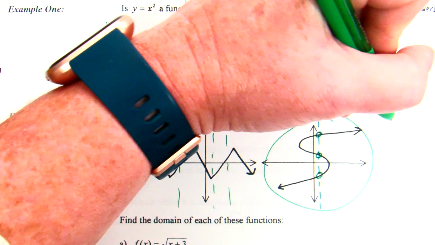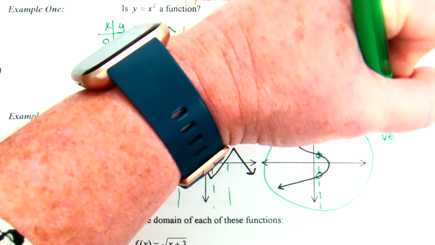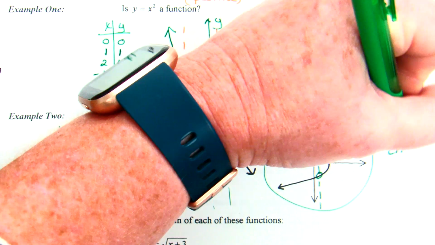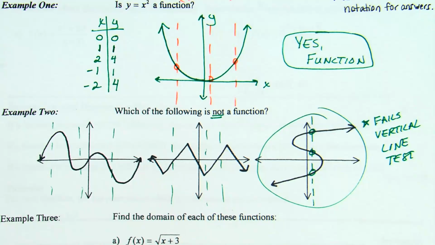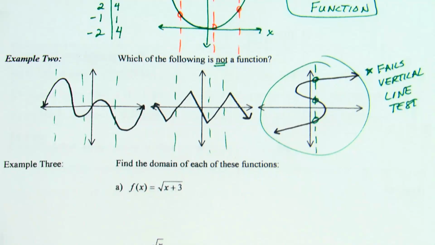So it just comes down to this one over here that fails the vertical line test. Okay, so we're confident with vertical line test.